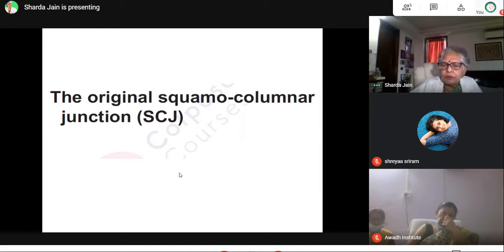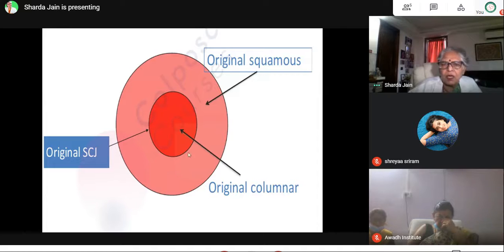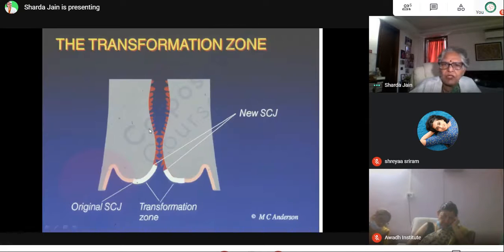Now, the original. The red area is the endocervical canal, which is lined by columnar epithelium. The outer cervix is lined by mature squamous epithelium, and the junction between the two is called the original squamocolumnar junction.